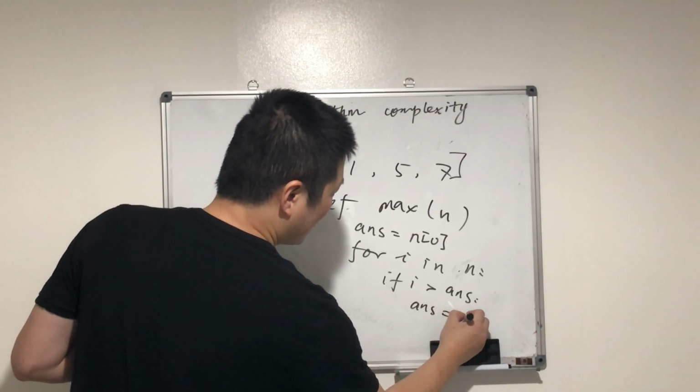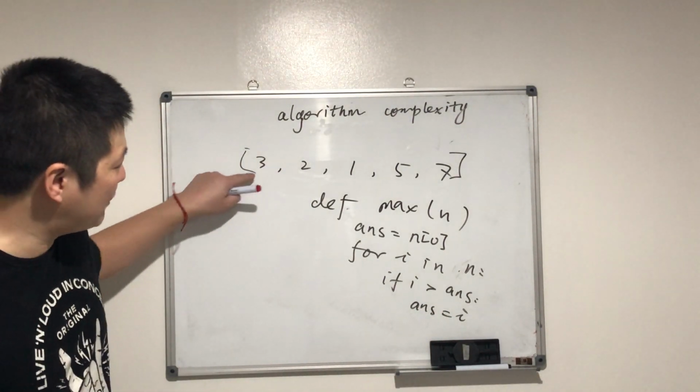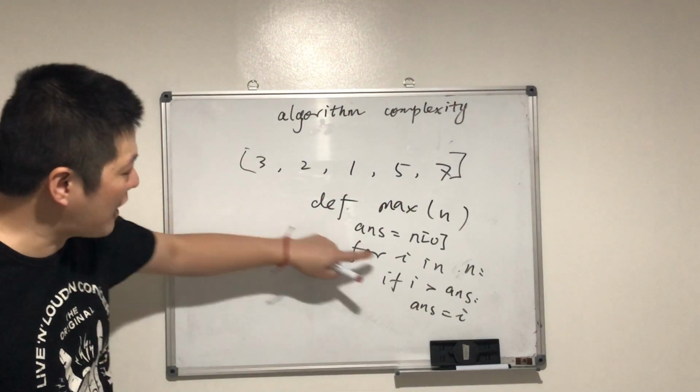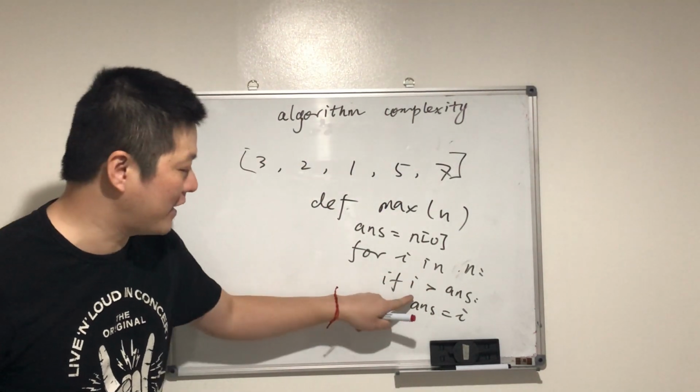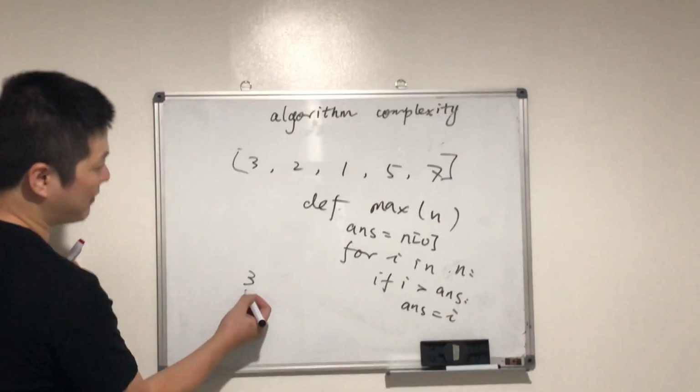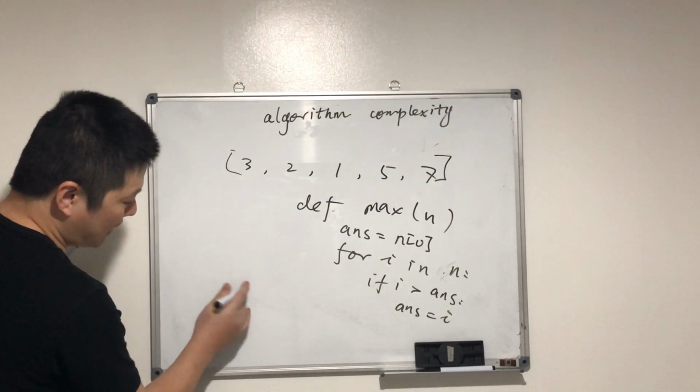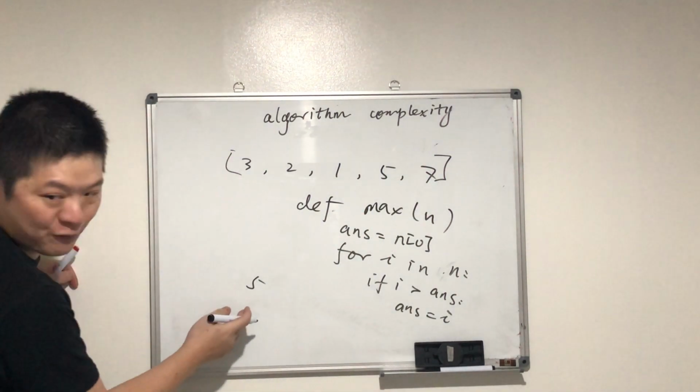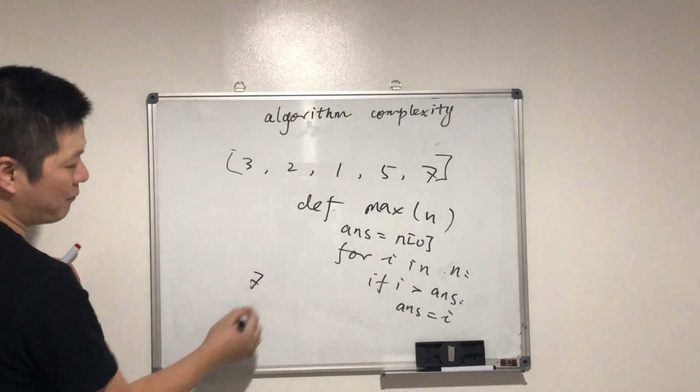You see? Checking this list, if the number is bigger than the current maximum, I update it. Given the maximum 3, if 5, update it, and the current maximum is 5. 7 is bigger than 5, update it, it's 7.